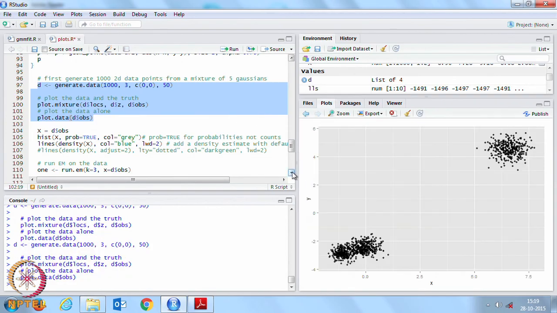This is a more difficult case because the 3 components are not very well separated.